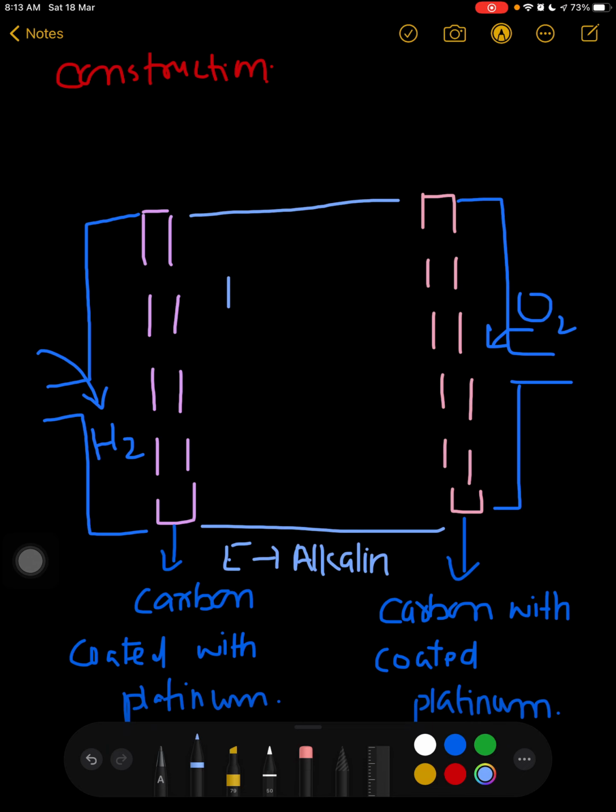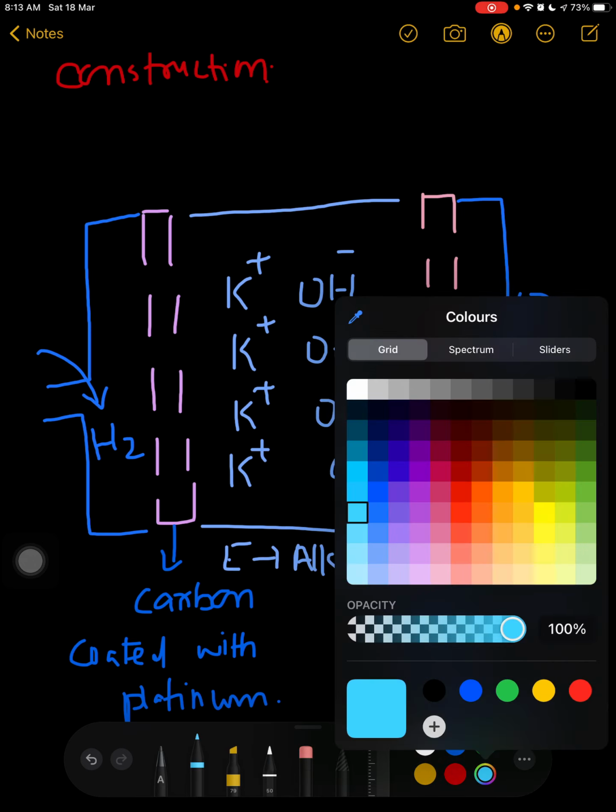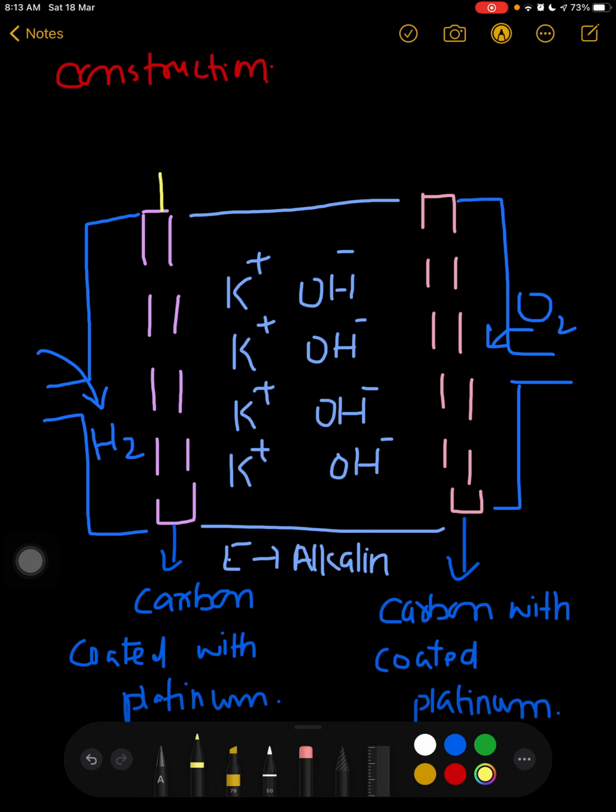We have poured potassium hydroxide into this, and let's join this with a wire. This is our bulb, and this is how we have joined it.